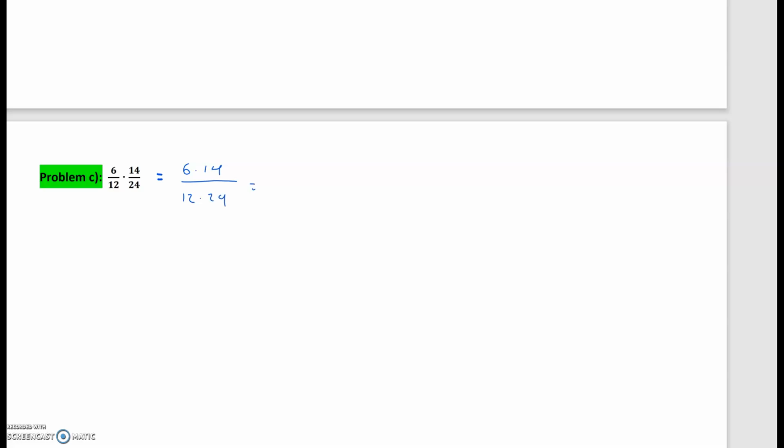And then at this point, let me start canceling common factors. So for example, the 6, I'm just going to leave the 6 as it stands, and then the 12, I'm going to express it as 6 times 2. And this way, we'll cancel that 6 on the top.